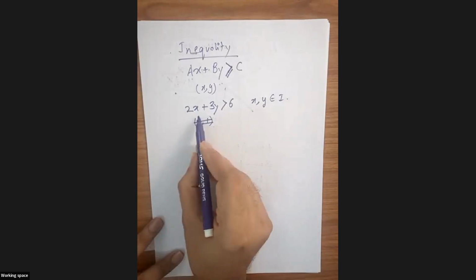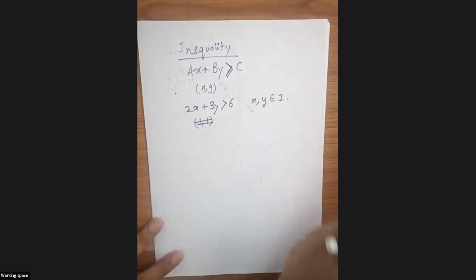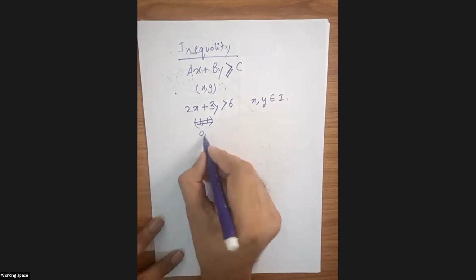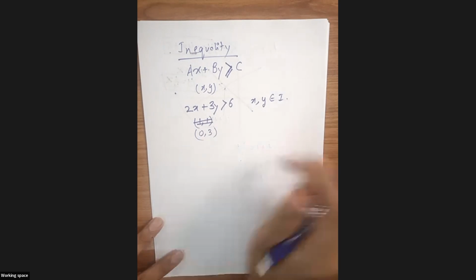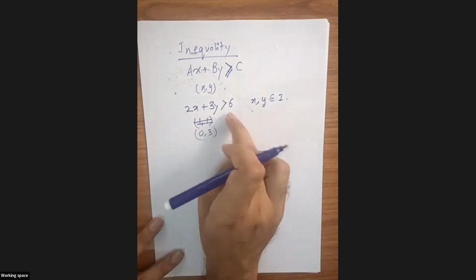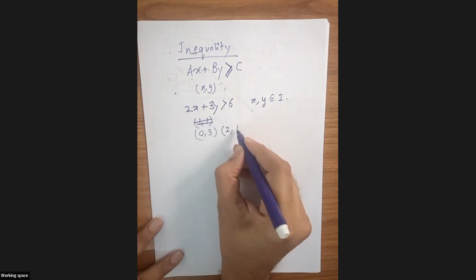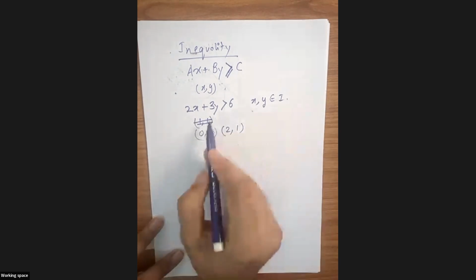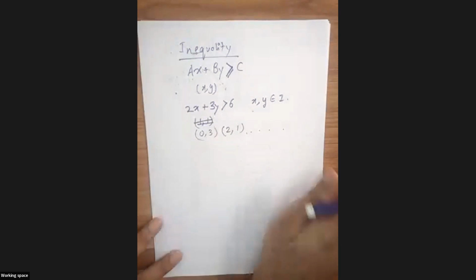So what do we take? 0, 2 will fail. 0, 3 will work. So let's say 0, 3. For this given ordered pair, this will satisfy, and there will be many such ordered pairs. For example, it could be 2, 1. This will also satisfy the inequality where 7 is greater than 6. Yes, so this satisfies, and you can get many such solutions.